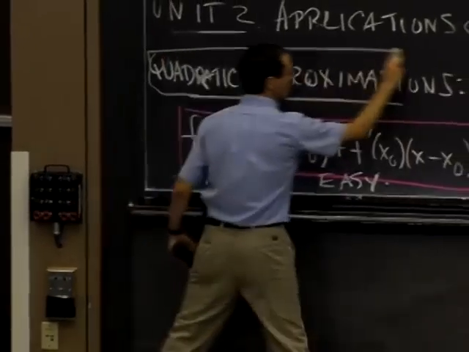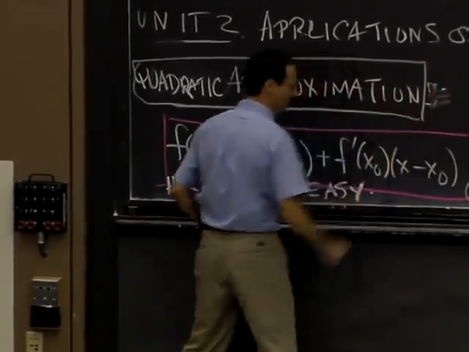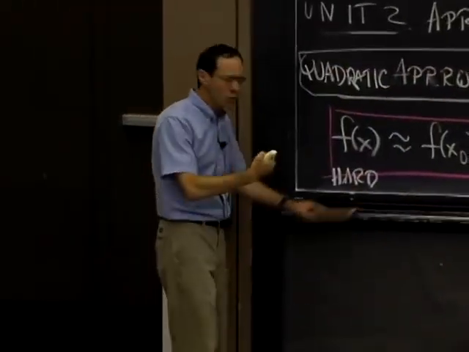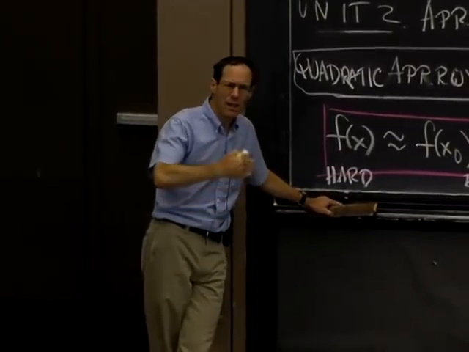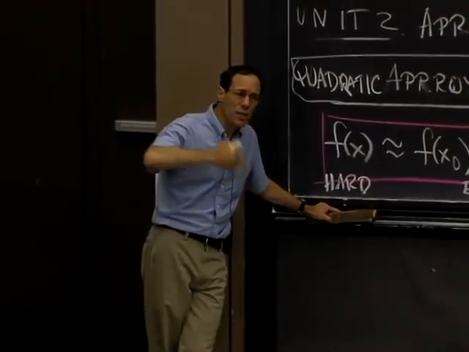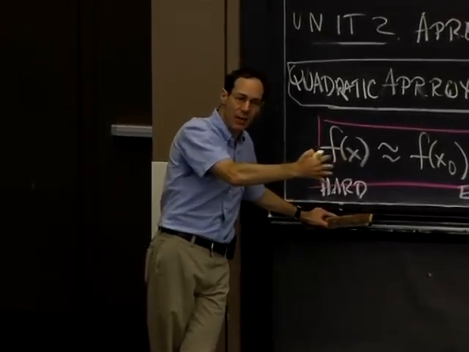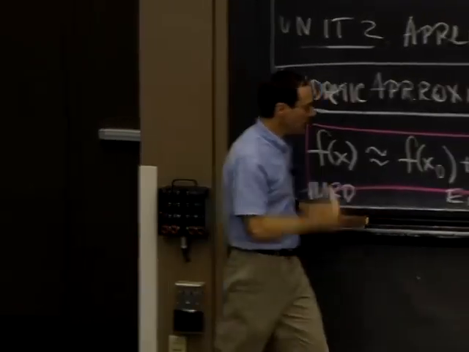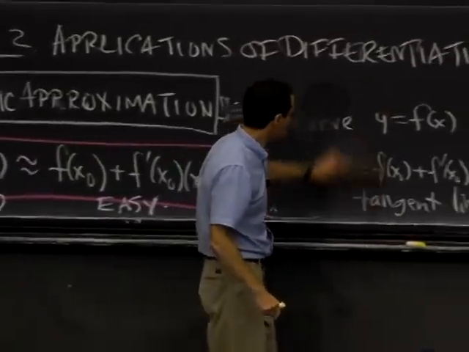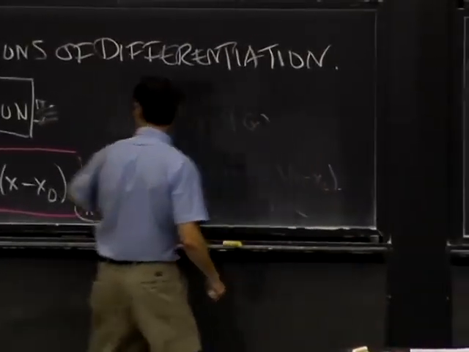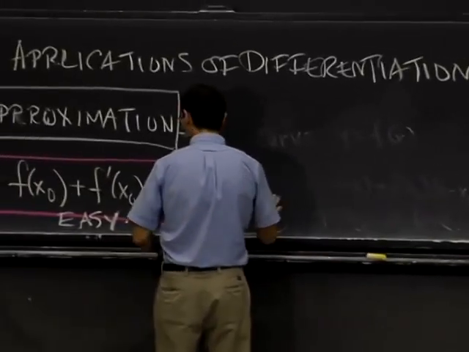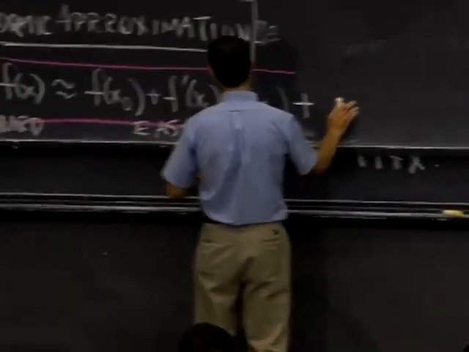So suppose we talk about a quadratic approximation here. The quadratic approximation is just an elaboration, one more step of detail from the linear. In other words, it's an extension of the linear approximation. And so we're adding one more term here.